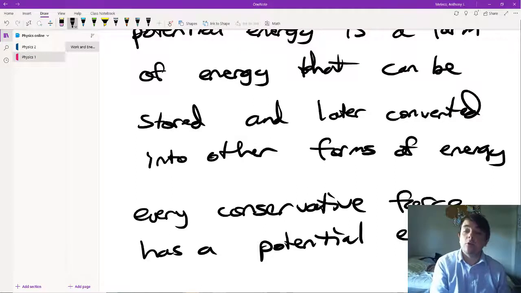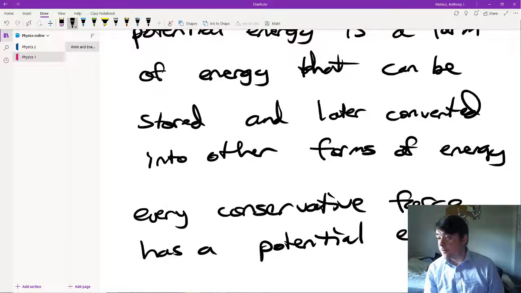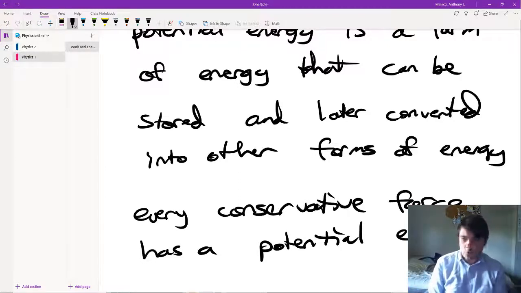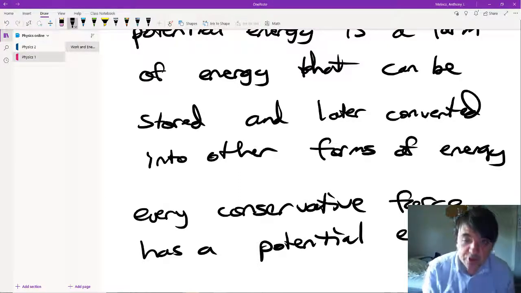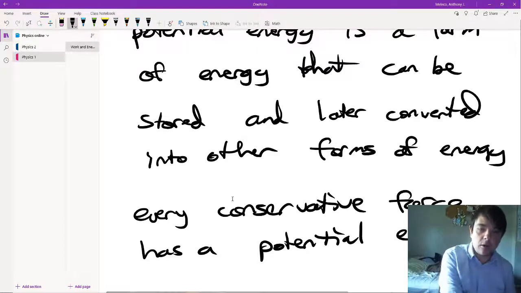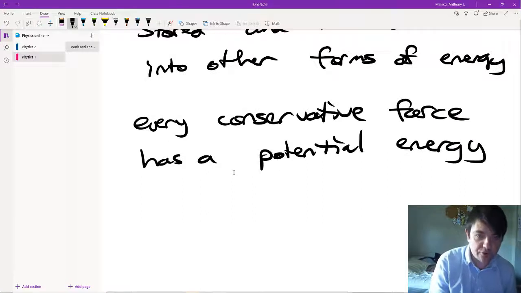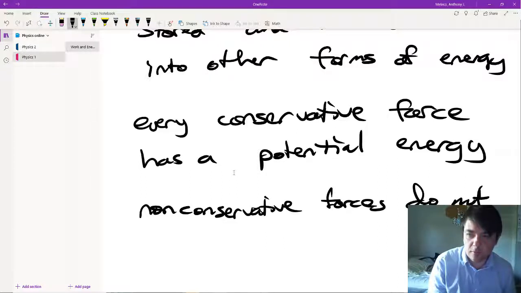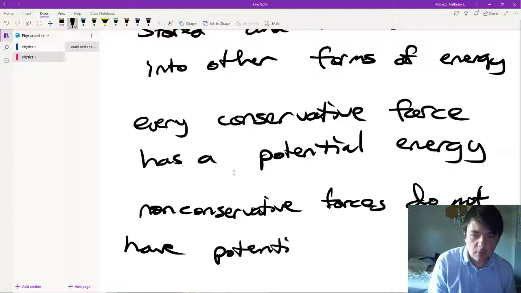We're really only going to look at two, but there are other forms of energy, especially in physics 2 or whatever, that do have potential energy. Non-conservative forces like friction do not have potential energy.